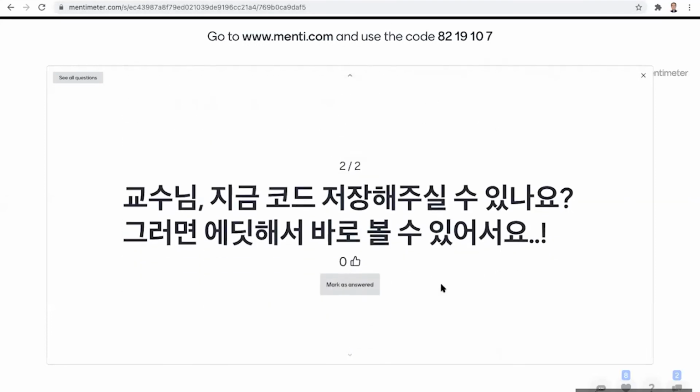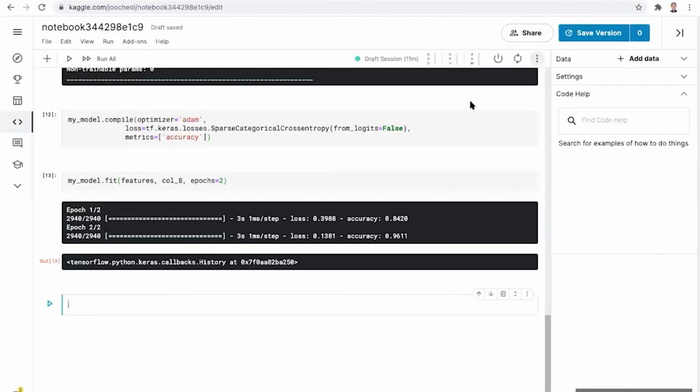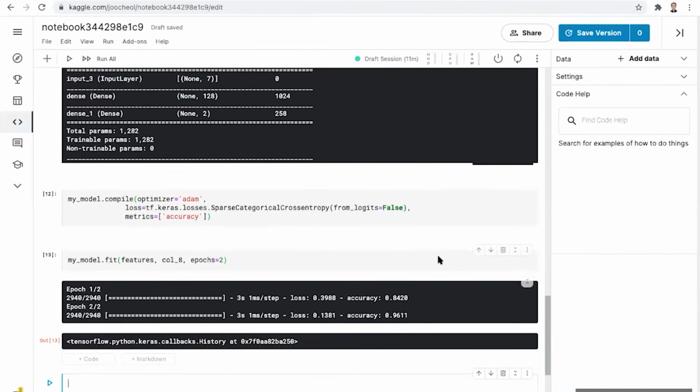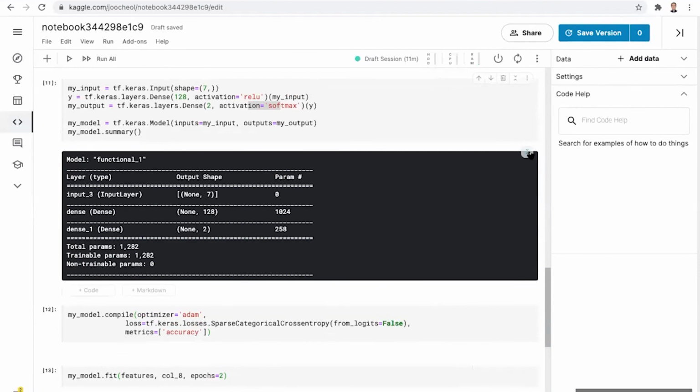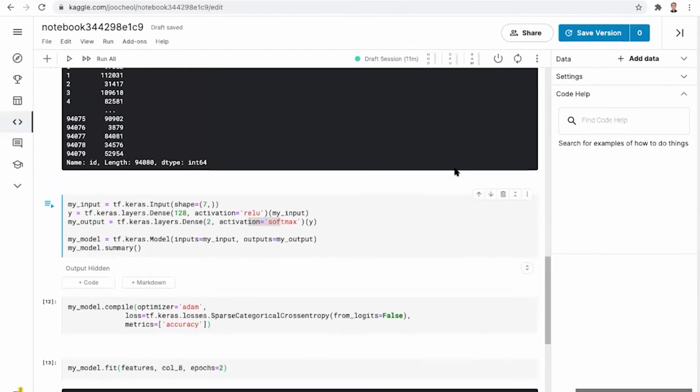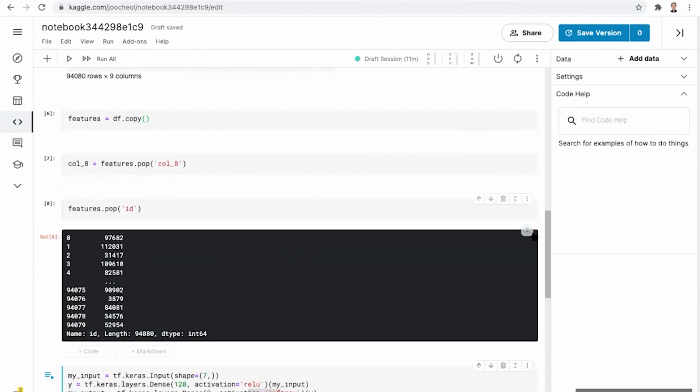Let me see. The reason I did not share it with you is that you need to type. So instead of sharing, I wanted to show you this one.